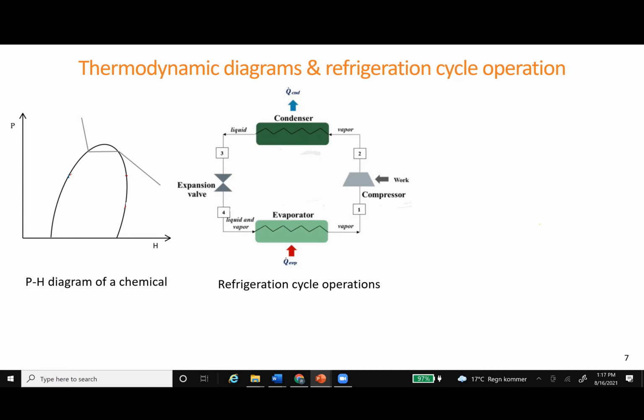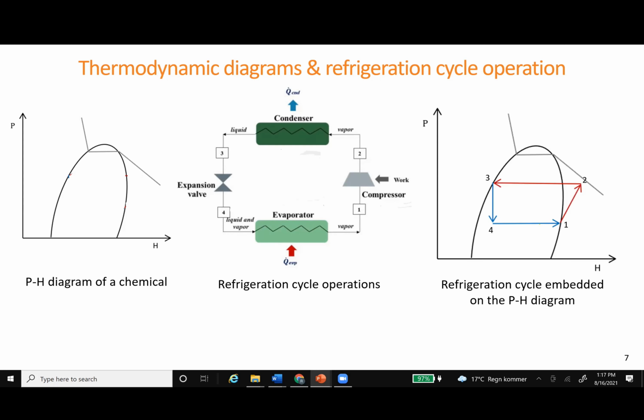So what we see is that there is work needed, expansion, compression. There is heat exchange needed at the evaporator and at the condenser. And if we then put the operation on the pH diagram, we can see that from 3, we are going down at constant enthalpy to a two-phase region, in the sense that the total amount of refrigerant, even though it is a single compound, now consists of part vapor, part liquid at point 4, because it's inside the two-phase region.